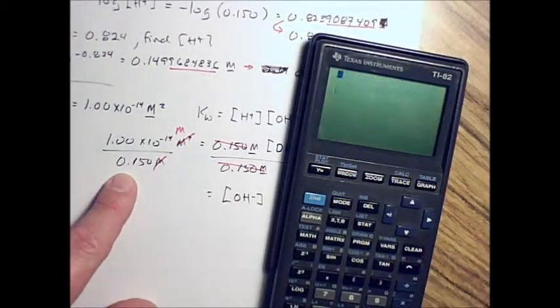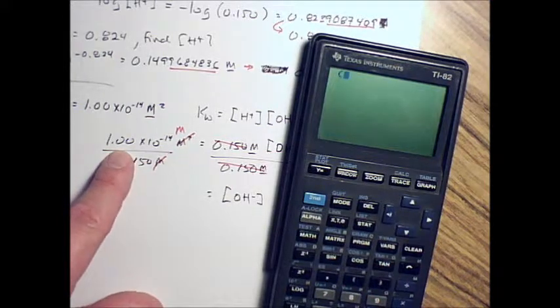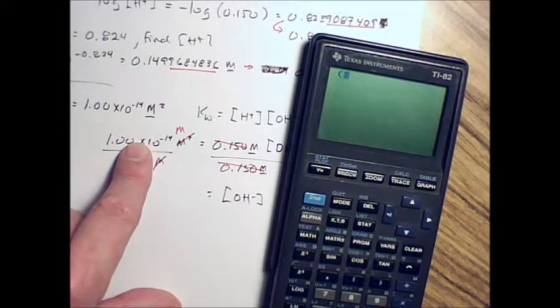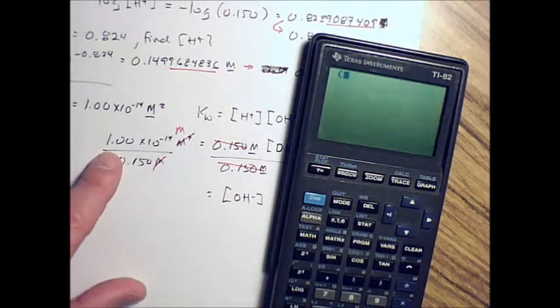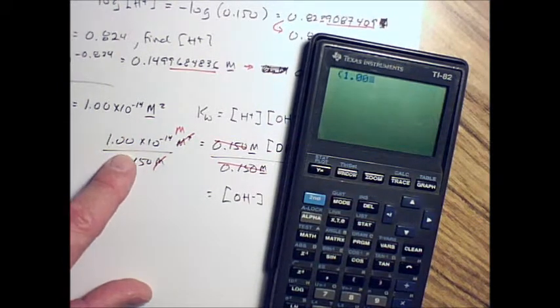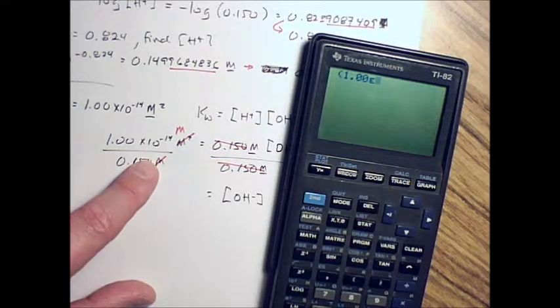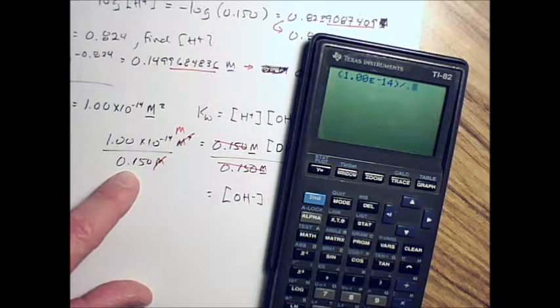Now I want to put the top in parentheses because this is an exponential number, just to keep everything straight and make sure we don't cross up some of our calculations. 1.00 exponent negative 14 divided by 0.150.